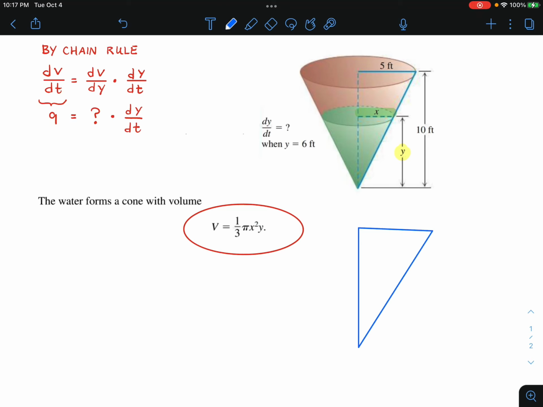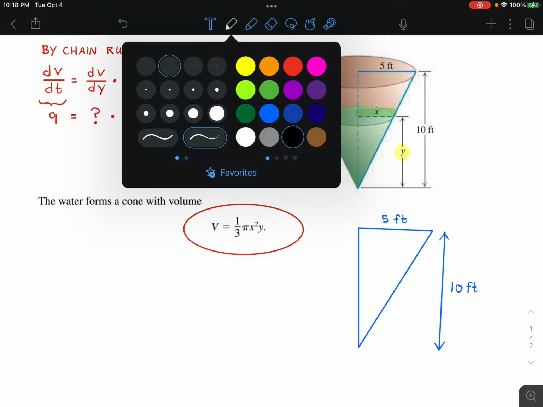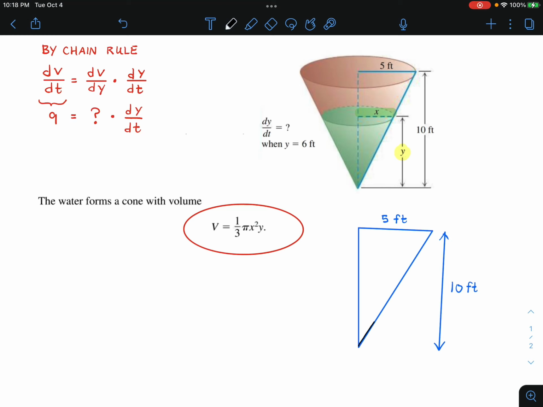Now, why is this triangle important? We have some measurements of this triangle. For instance, we are told that the top here is 5 feet, and the height is precisely 10 feet. So if you think of the hypotenuse, let me highlight the hypotenuse here in black.